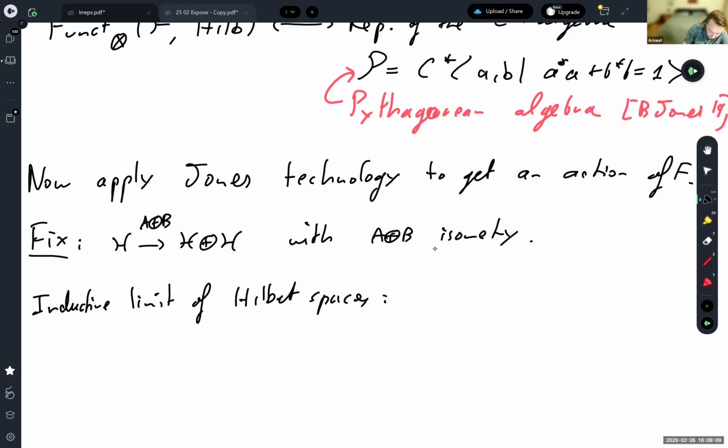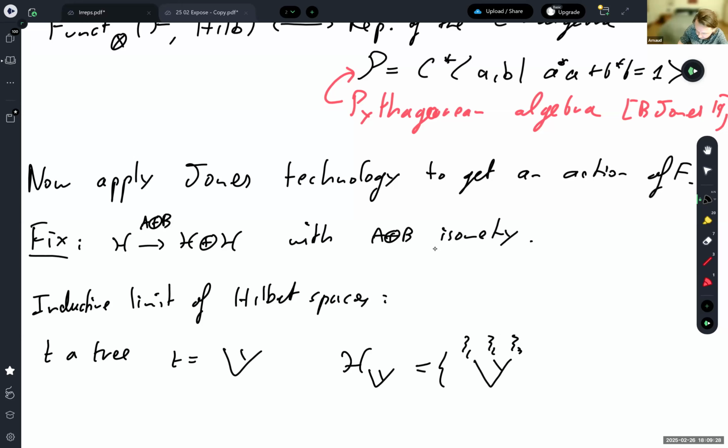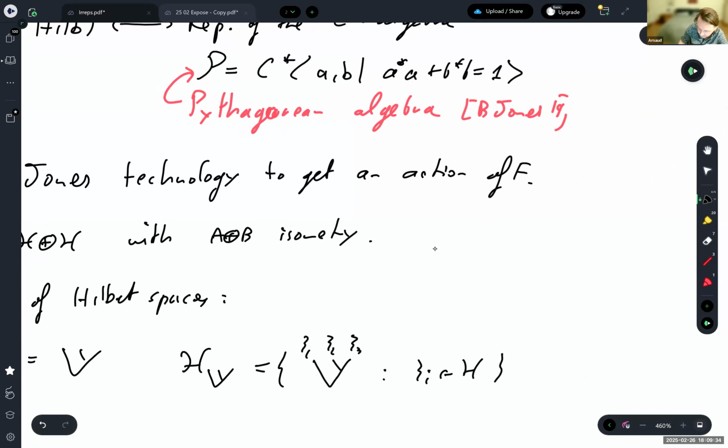What do I take? Well, I'm going to take T, a tree. Let's say T is equal to something like that. I'm going to define H of this tree. And what is it? Well, it's this tree with any decoration. Really by this, I mean this is just H to the power of the leaves of my tree.